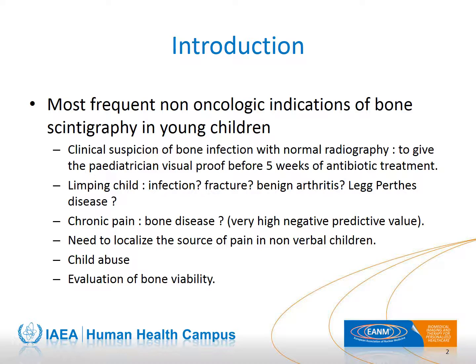The possibility of whole-body screening is a great advantage in nonverbal children, that's to say very young or mentally disabled children. It's important too in case of suspected child abuse. Because radiopharmaceutical uptake is a function of bone vascularization, bone scintigraphy is an excellent tool for evaluating the viability of bone tissue.